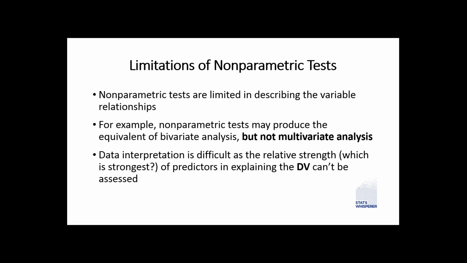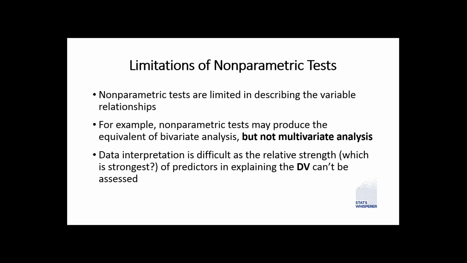That is to say, if we do a statistical analysis using non-parametric tests, we're essentially doing the equivalent of the bivariate analysis from the parametric test, the t-test, the ANOVAs. There's no multivariate non-parametric test. So there's not a non-parametric multiple linear regression in the SPSS program we're using.